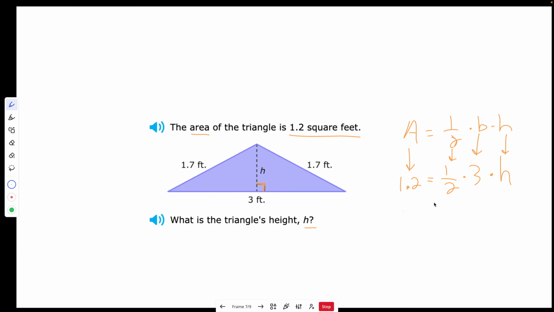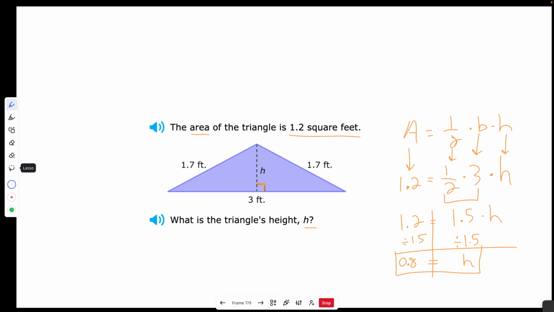So let's go ahead and multiply 1/2 times 3. So now we have 1.2 equals 1.5 times h. And now we just divide by 1.5. We should know how to solve these equations. And after you do the division, you should get the height is equal to 0.8 feet.